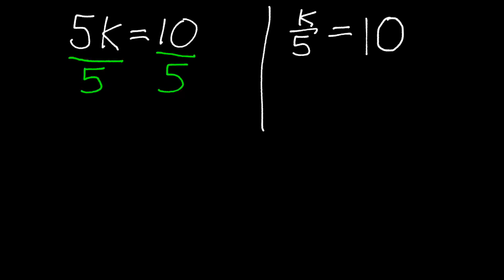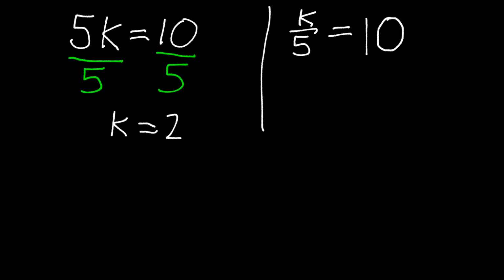So, I have 1k, which we don't generally write the 1, we just leave the k. So, when you divide by whatever you're multiplying by, you're left with whatever is the variable. So I have k. Now on this side, we have 10 divided by 5. And if we know our division facts, we should know that 10 divided by 5 is 2.